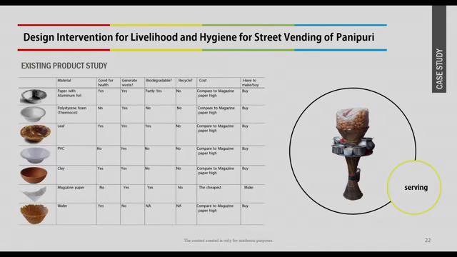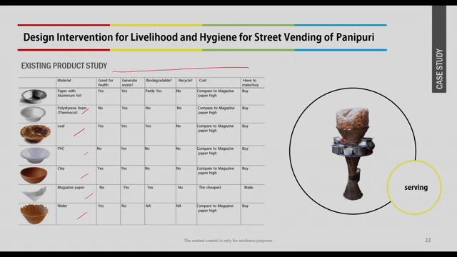For that, we studied different kind of products available in the market. We checked different kind of bowls available made up of paper, aluminum foil, polystyrene foam, leaf, PVC, clay, wafer and magazine paper, and a comparative analysis had been done.